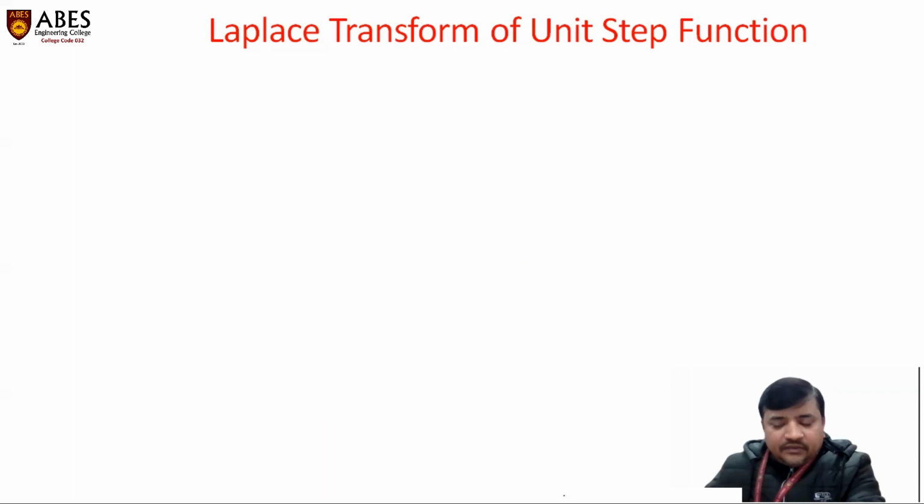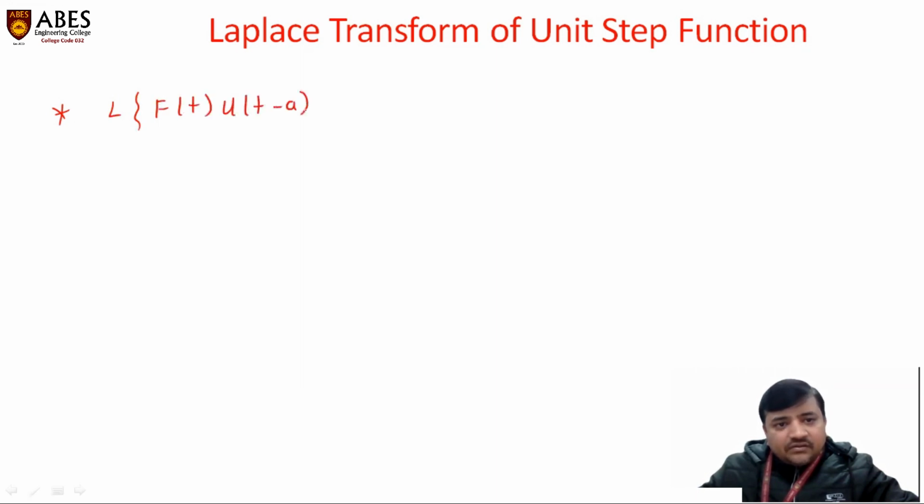Now, many a time we come across situations where the function is not in the form of f t minus a. That is, we have to find the Laplace transform of f t u t minus a. So the Laplace transform may be obtained in the same way.